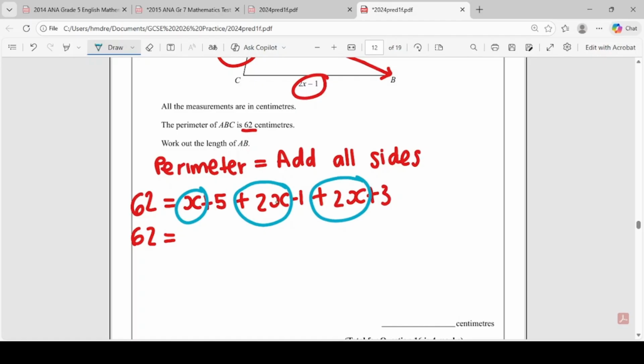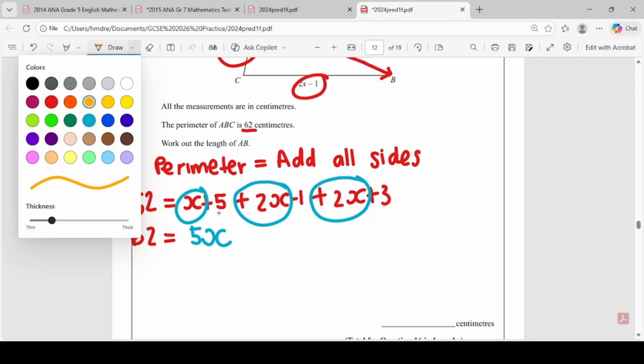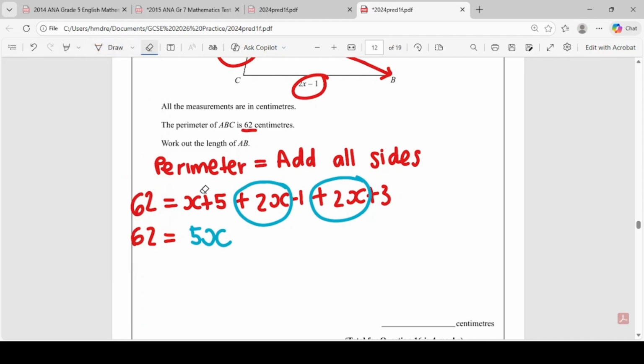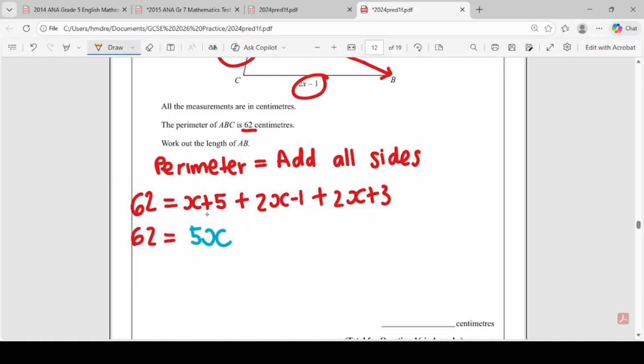That's going to be 1 plus 2 is 3, plus another 2 is 5. So 5x. Then let's look at the numbers. We've got 5 minus 1, add 3. So 5 take away 1 is 4, add 3 is 7.